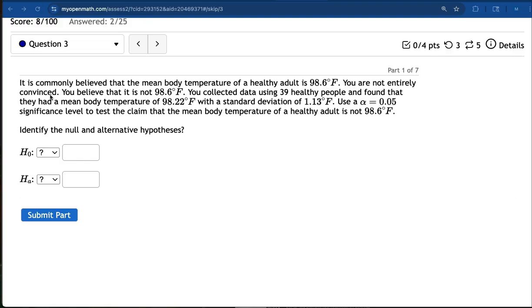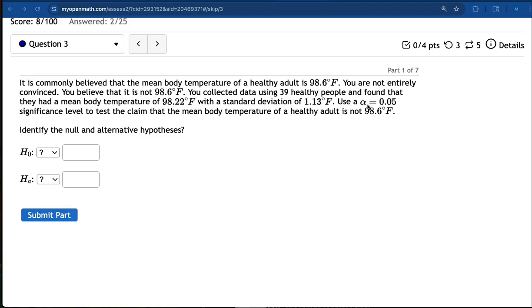So you are a researcher and you're not convinced that that is true. You believe that it is not 98.6 degrees Fahrenheit. You collected data using 39 healthy people and found that they had a mean body temperature of 98.22 degrees Fahrenheit with a standard deviation of 1.13.